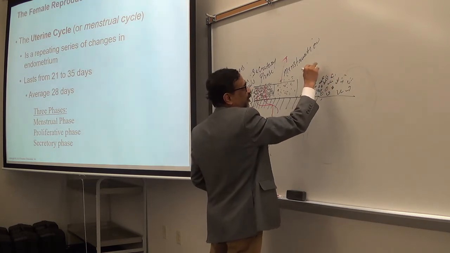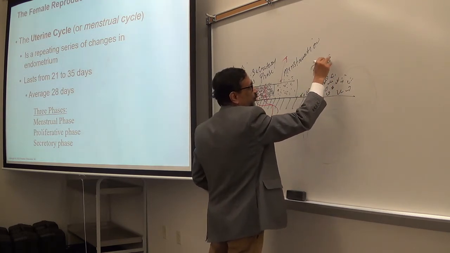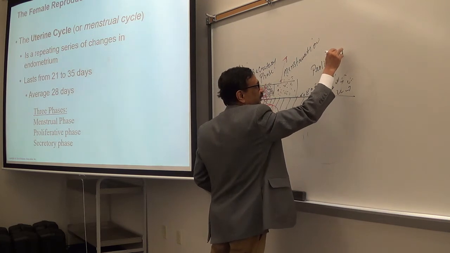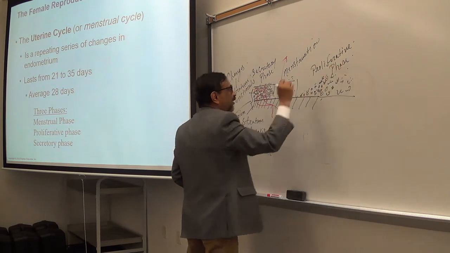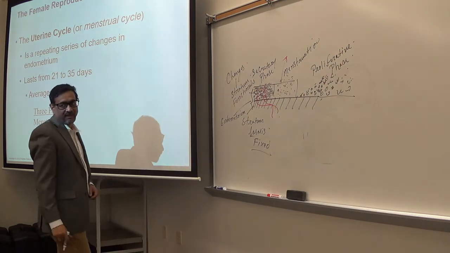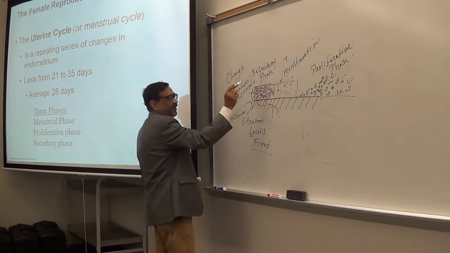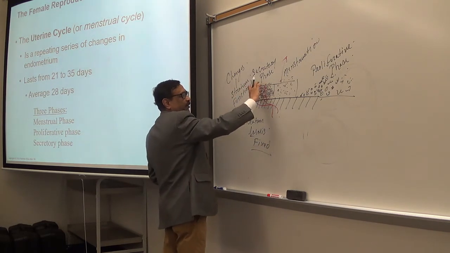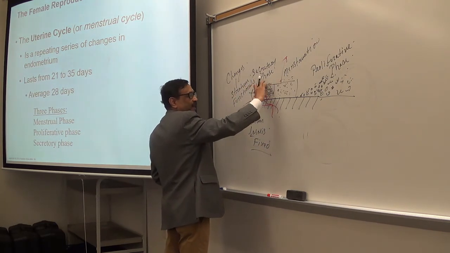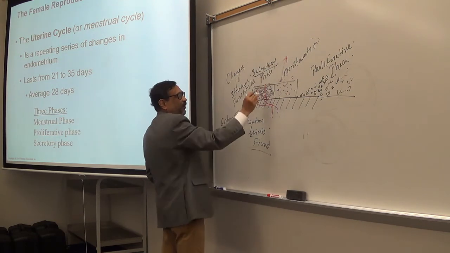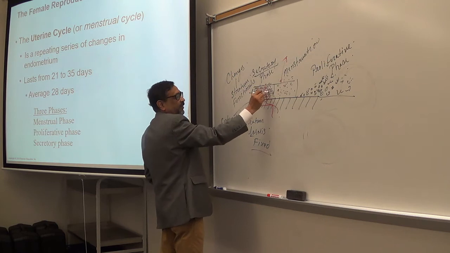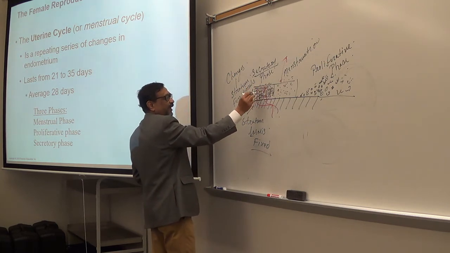This is called the proliferative phase. So the menstrual cycle consists of these three things: formation of the nice, thick bed, that is the secretory phase, when a lot of glands are formed here, and these glands secrete fluid to make it soft.